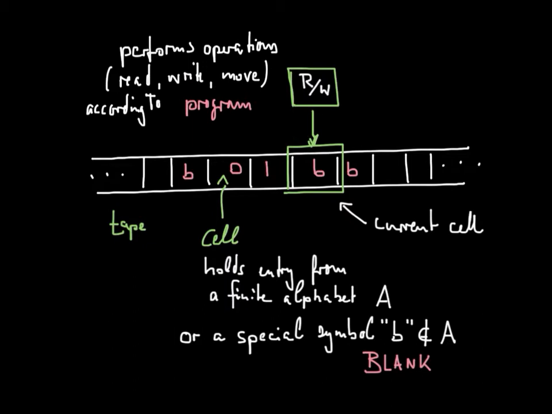So operations are very simple. It can either read the current symbol, it can write a new symbol, or it can move the read-write head left or right. The program itself is just a list of instructions, and you can think of these instructions as similar to the instructions of a finite automaton, namely given by a transition function.